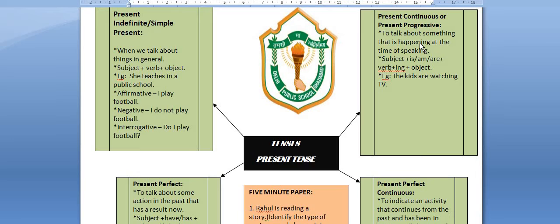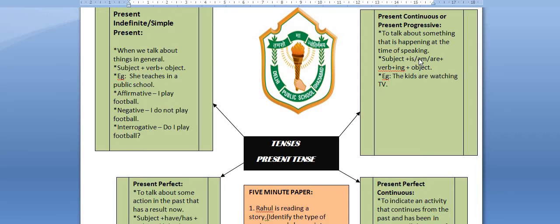Now, the sentence structure of present continuous tense is: firstly we write the subject, then the helping verb is, am, are, then the main verb, to which we add the ing form, and then the object.